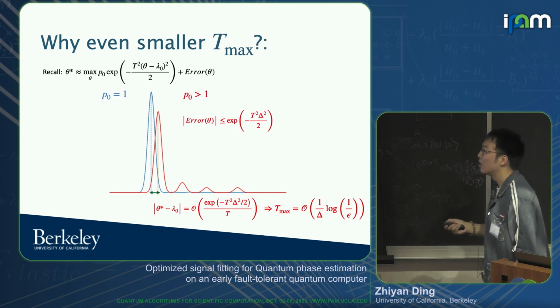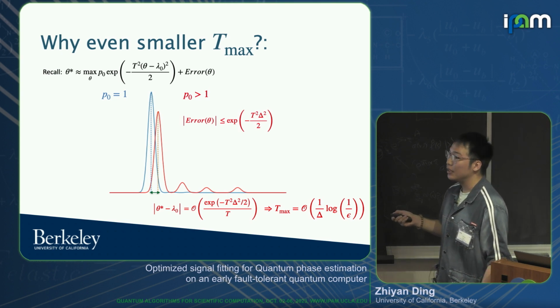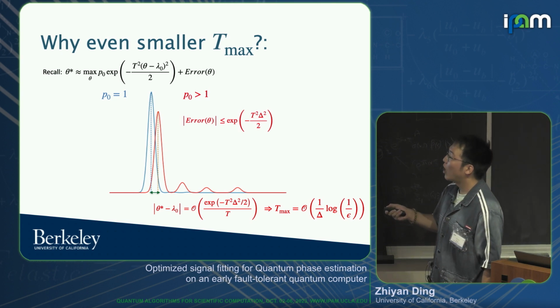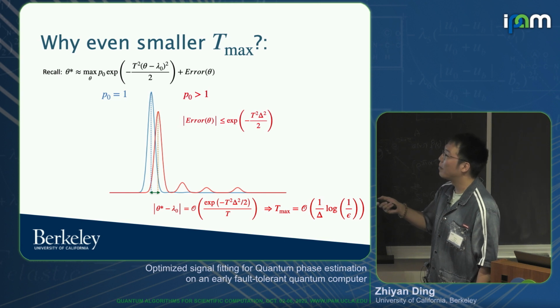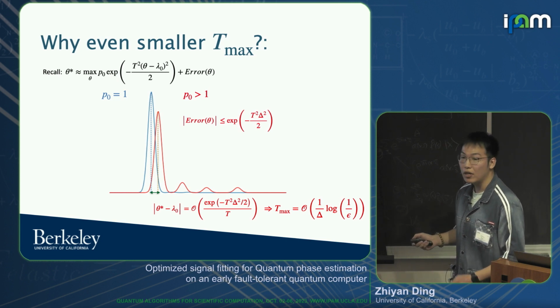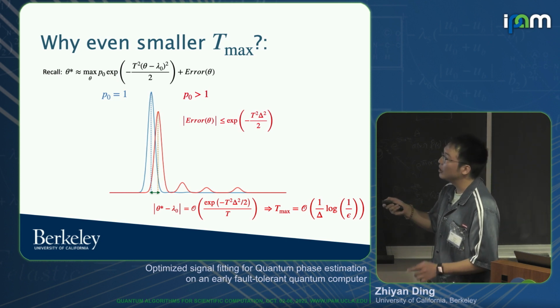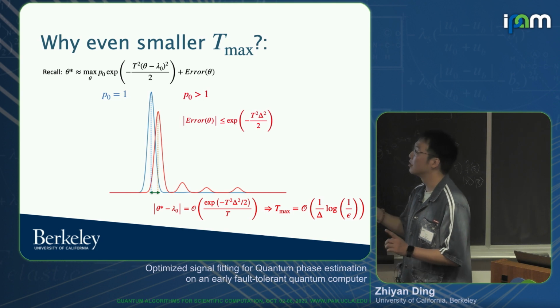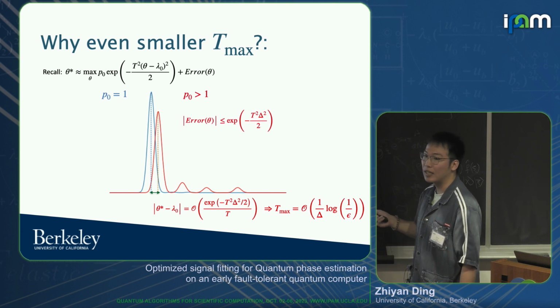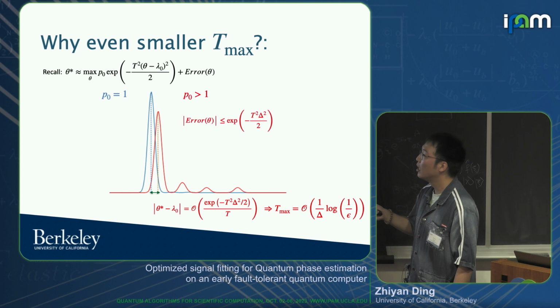In my previous analysis, I tried to bound this error by 1 minus p0, and this made this constant 1 minus p0. However, if my capital T is larger than 1 over delta, we can find a better bound for this error term, which is exponential of minus T squared delta squared over 2.